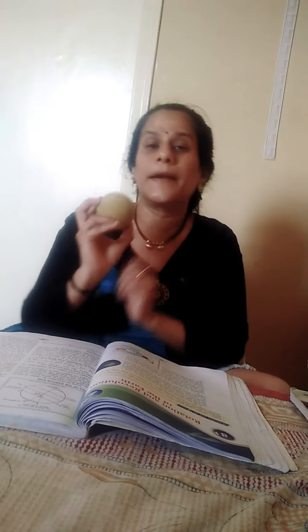So this particular 24 hours is known as day and night. Because of the rotation of the earth on its own axis, we get day and night. Remember, rotation is nothing but the earth moving on its own axis.